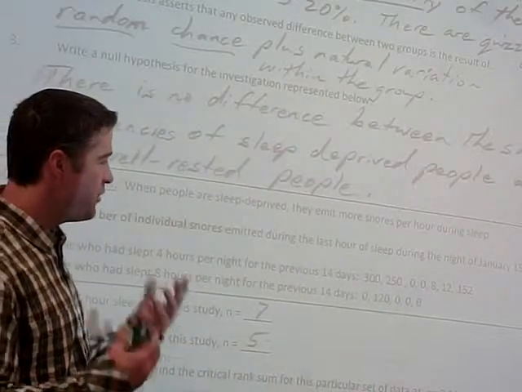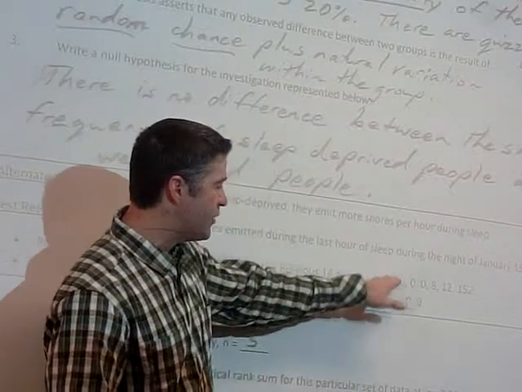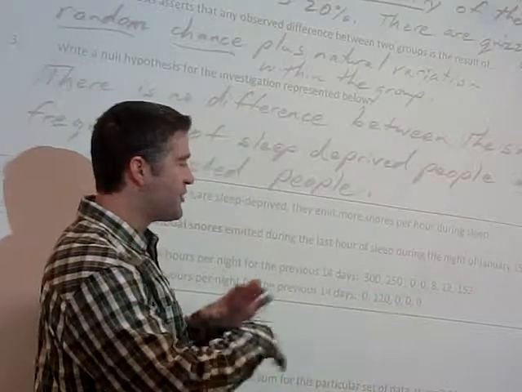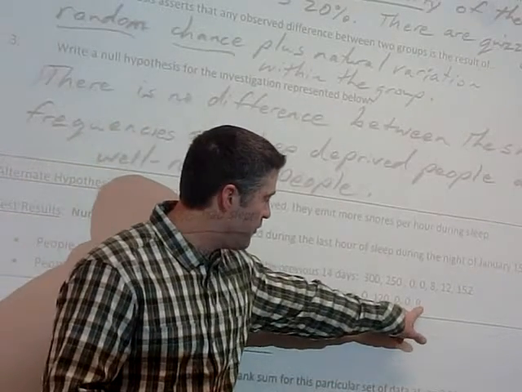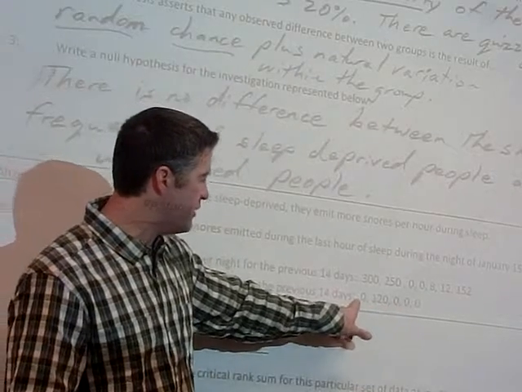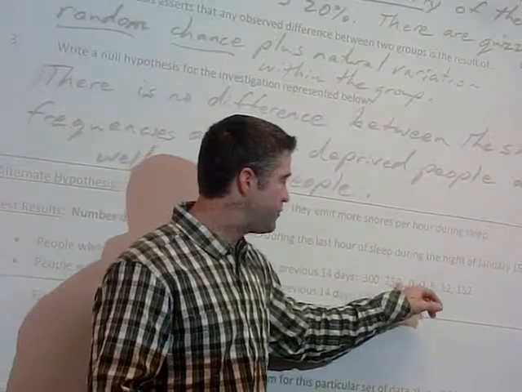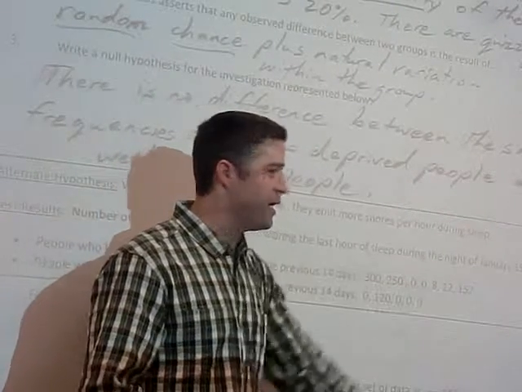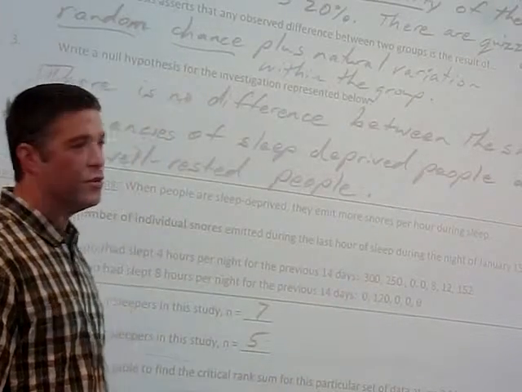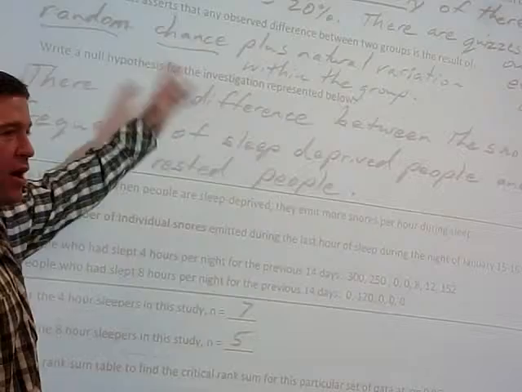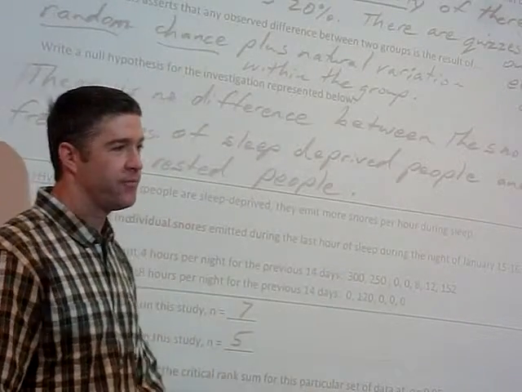So what the statistical test will tell us is if there really isn't a difference between these groups, if they're really the same kind of distribution of snorers, what is the chance of finding 4 people with zeros here, a lot fewer snoring just overall, and this many, and people snoring 300 times, 250 times? Is that going to happen just by chance if there really isn't a difference between the groups? So you don't need to test 2 hypotheses separately. The null hypothesis is just a way of looking at the data.